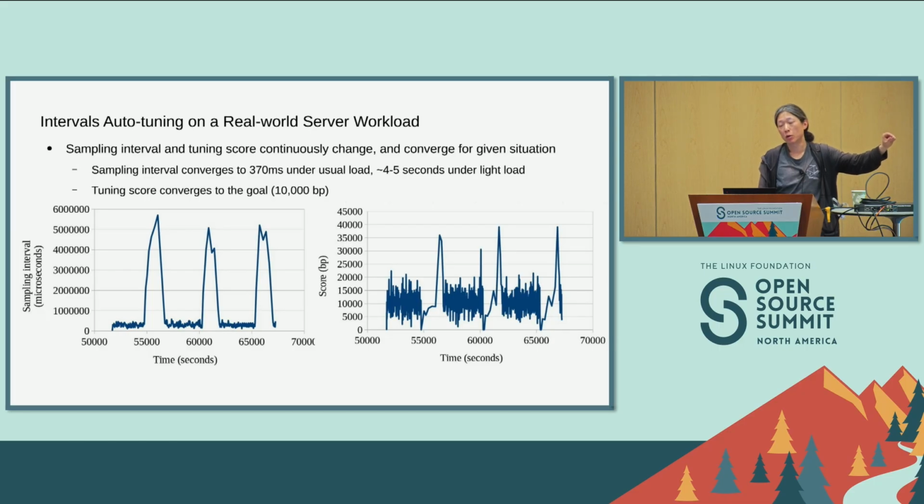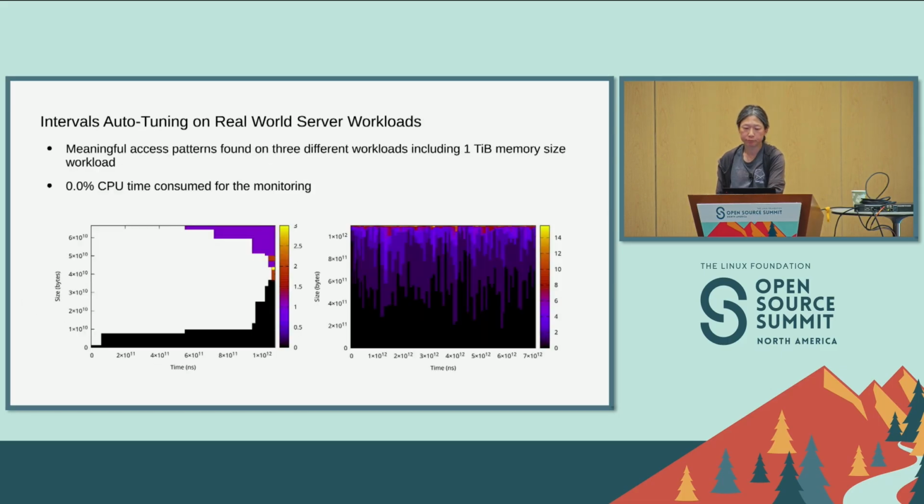The real-world workload also had busy time and non-busy time, and as the workload changed phase, the converged sampling interval changed from 300 milliseconds when it was busy to 4 to 5 seconds when it was very idle. Also, the tuning score converges to the aimed goal.